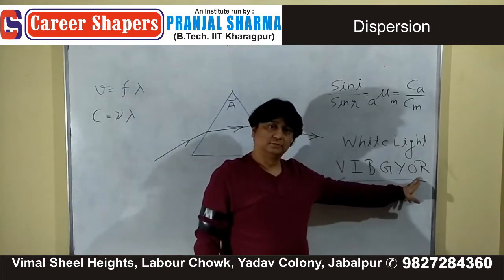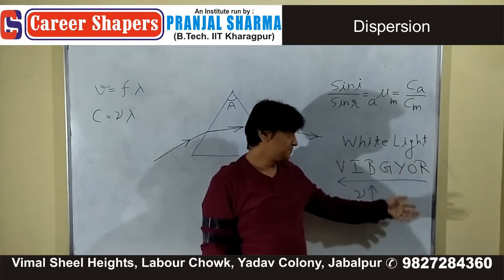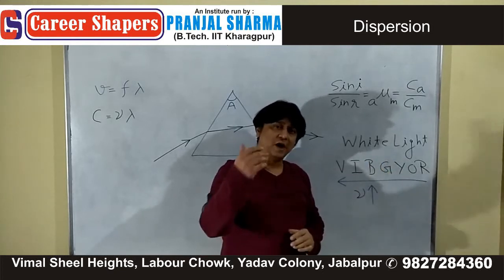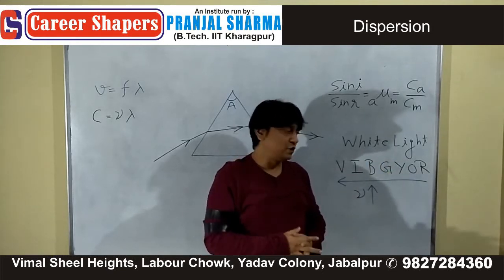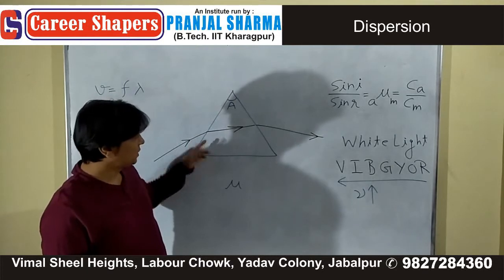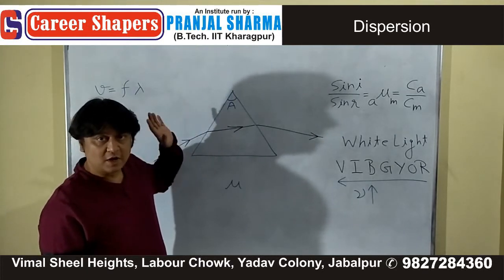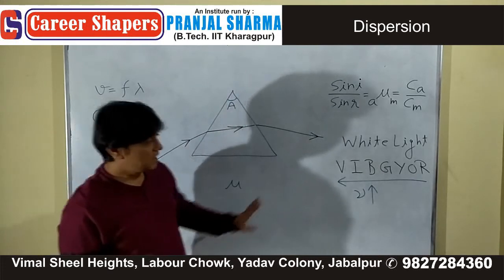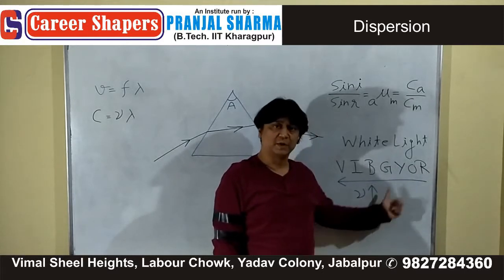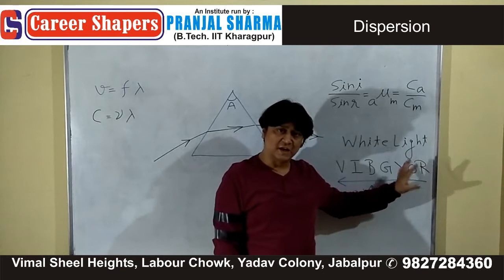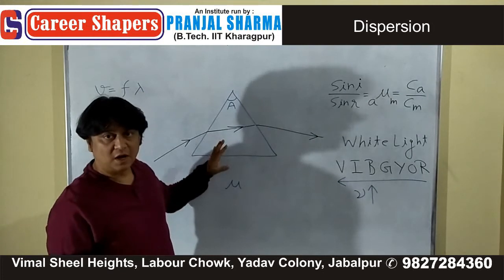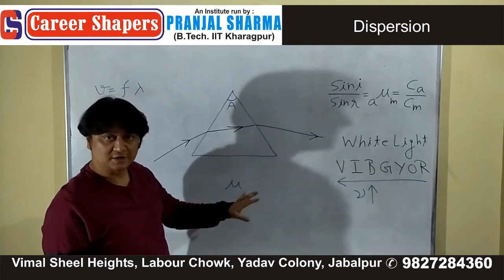These colors, let's go into a bit of basics. I told you that these are different frequencies. You have a little bit of idea of photons and all. These photons, once they enter, interact with the atoms of the prism. Now, if they have less energy, less frequency means less energy, then their chances of interaction with the atoms are also very less.